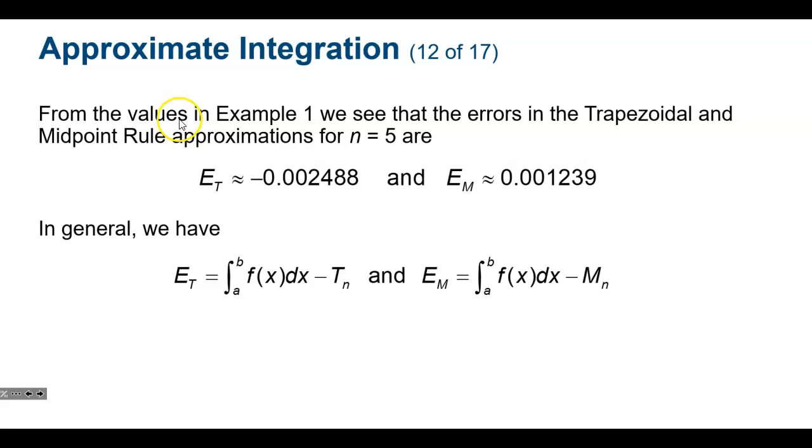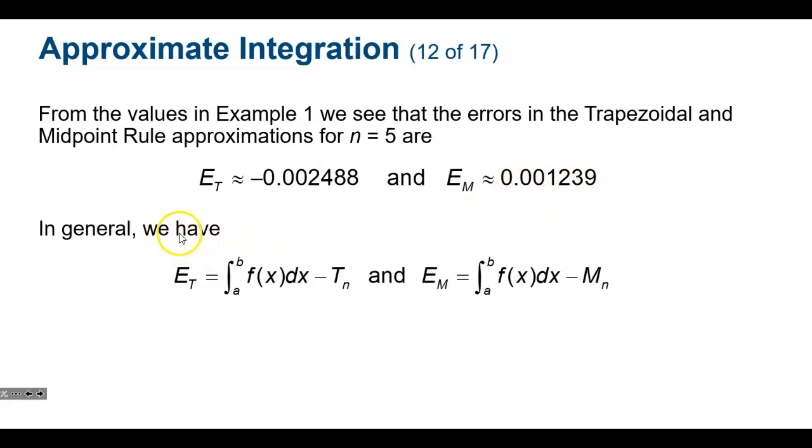So from the values in example 1, we see that the errors in the trapezoidal and the midpoint rule approximations for n equal to 5 are the following. The error for the trapezoidal rule is approximately negative 0.002488, and the error for the midpoint rule was approximately 0.001239.